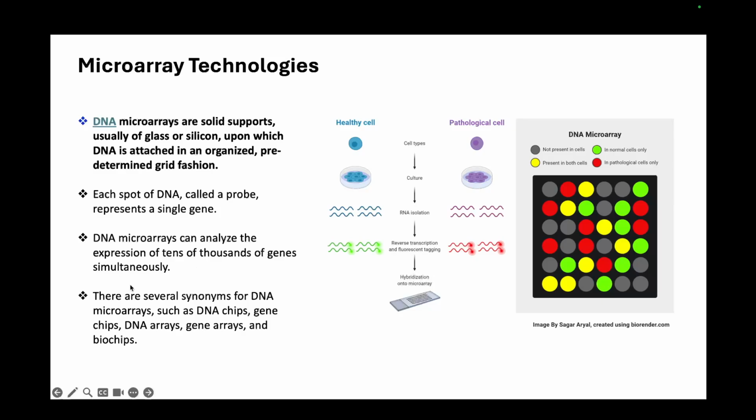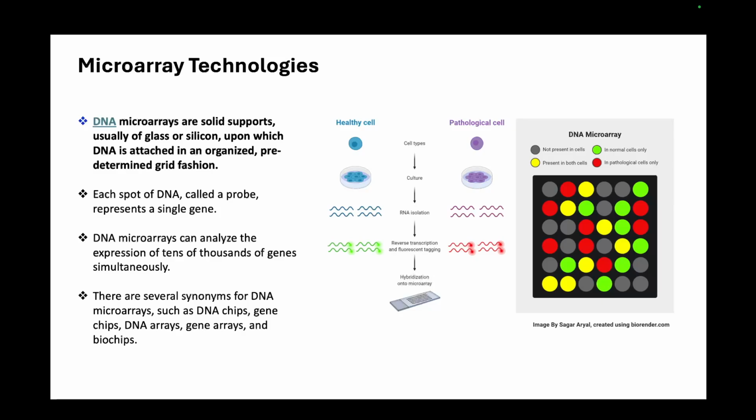One advantage of DNA microarrays is that they can analyze the expressions of tens of thousands of genes simultaneously, in parallel. There are many synonyms for DNA microarrays. Sometimes they're called DNA chips, gene chips, DNA arrays, gene arrays or biochips. All are the same thing.